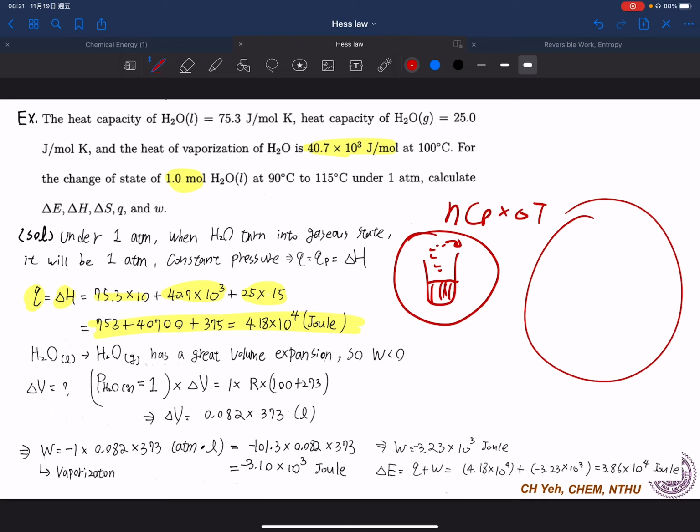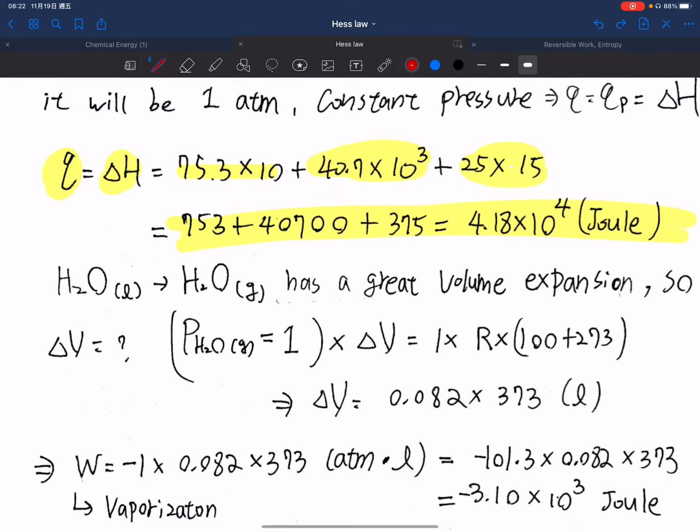But when it becomes gas, the volume will expand very dramatically because the distance between the molecules is very different between liquid water and gaseous water. So inevitably, there will be a volume expansion in the phase transformation.